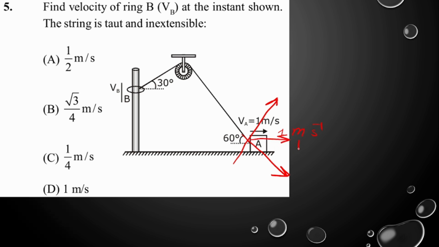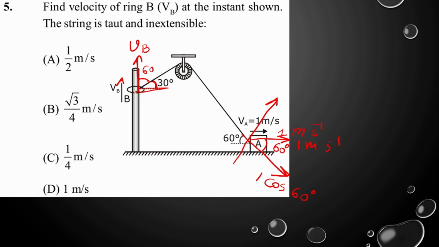And this is 1 meter per second, as you know, and this angle is 60 degrees. So this is 1 cos 60. This is VB. VB is in this direction. You could see this will be 60 because this angle is 30, so this angle must be 60.